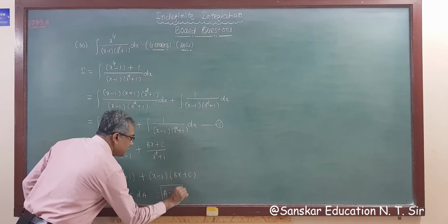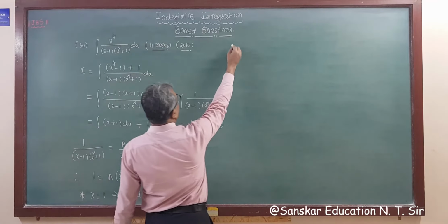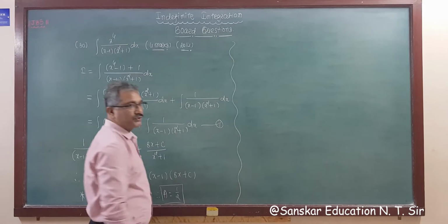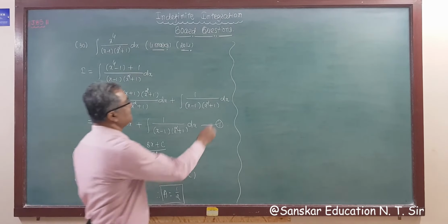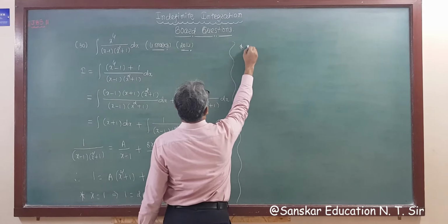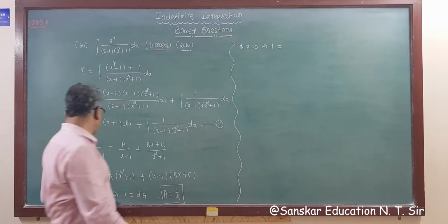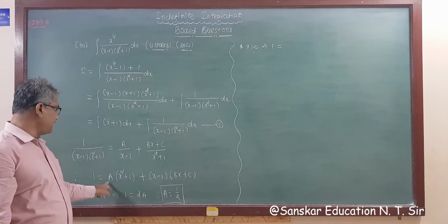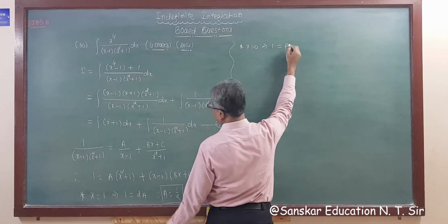So now remaining task is to find out the value of b and c, right? So now there is no factor. So taking random value, first x is equal to 0. So if we take x is equal to 0, then this implies 1 is equal to a into 1 is a, right?